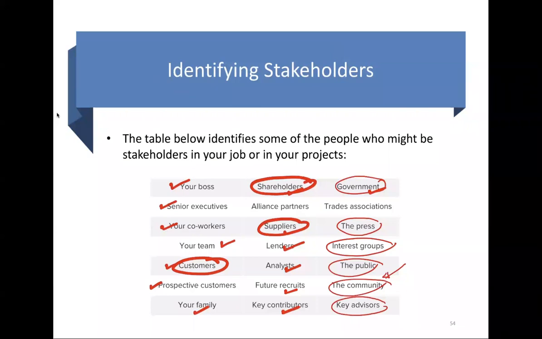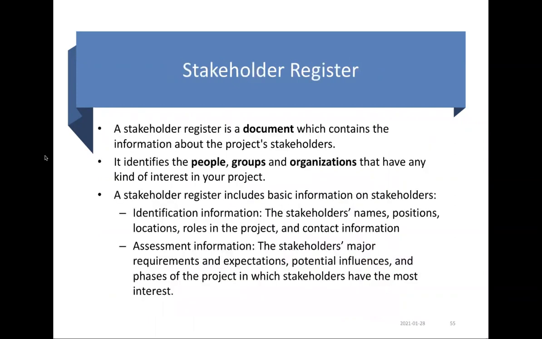These questions cannot be answered unless we identify stakeholders, which is a major component in the stakeholder analysis technique. So when we identify stakeholders, we build what we call a stakeholder register, which is a simple document that contains information about all the stakeholders in the project.